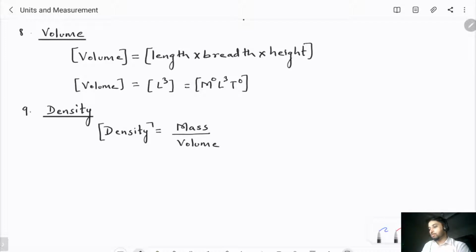So the dimensional formula for density will be same as that of mass by volume.